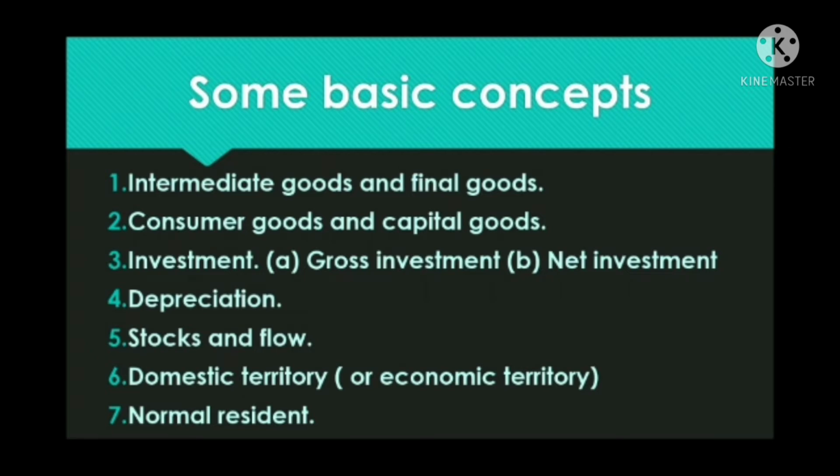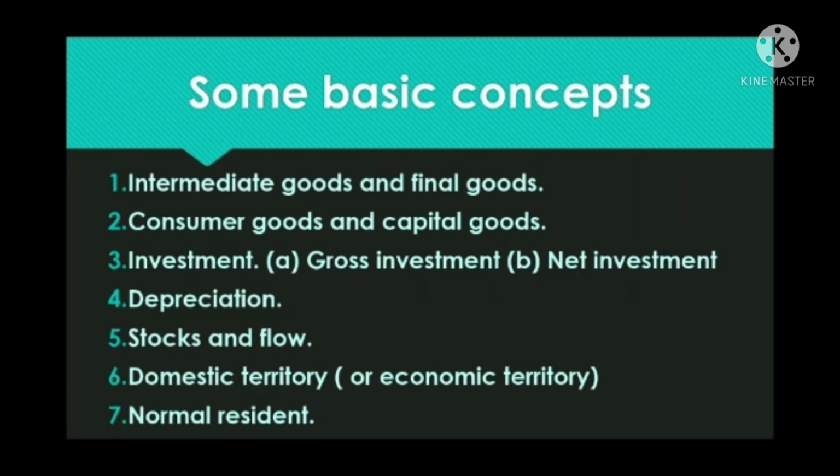A resident, whether a person or an institution, is one whose center of economic interest lies in the domestic territory of the country in which he lives. The center of economic interest implies two things: the resident lives or is located within the domestic territory, and the resident carries out the basic economic activities of earning, spending, and accumulation from that location.